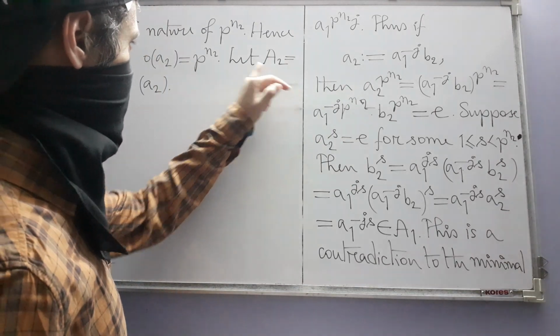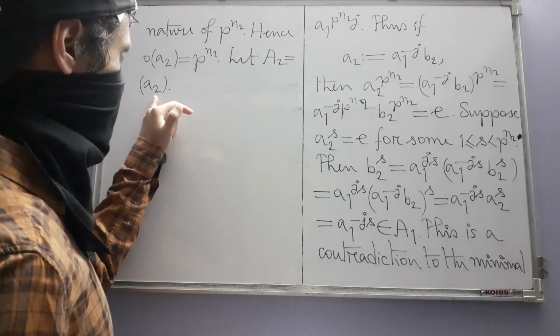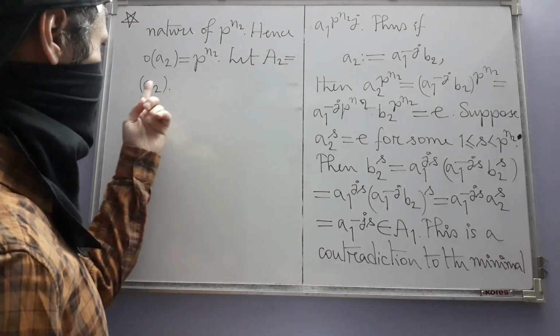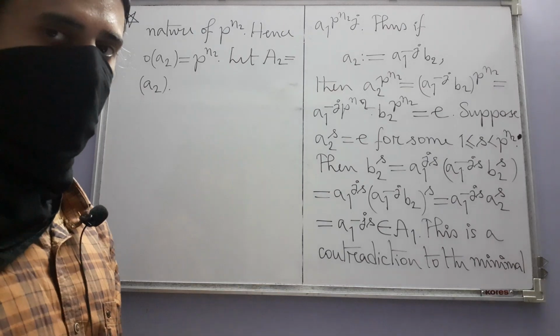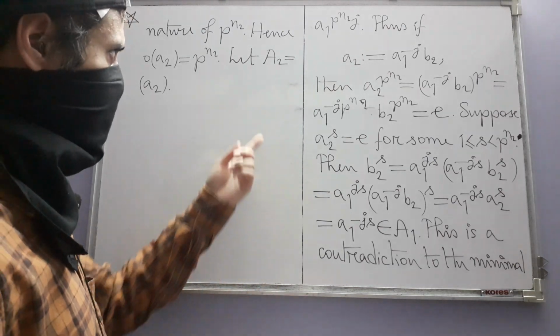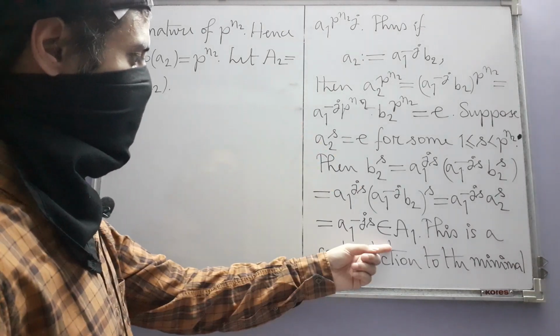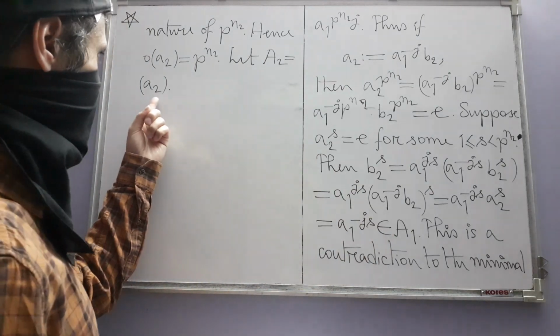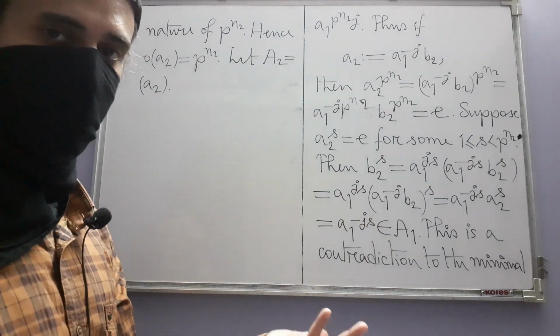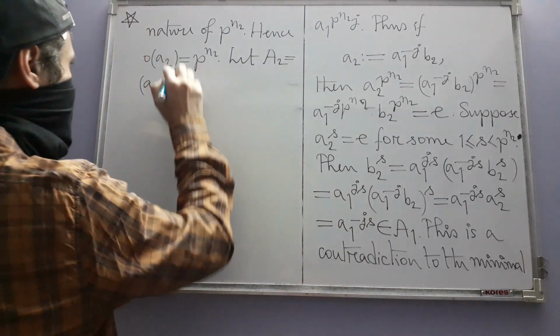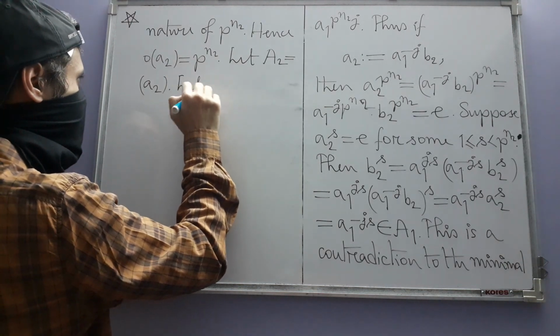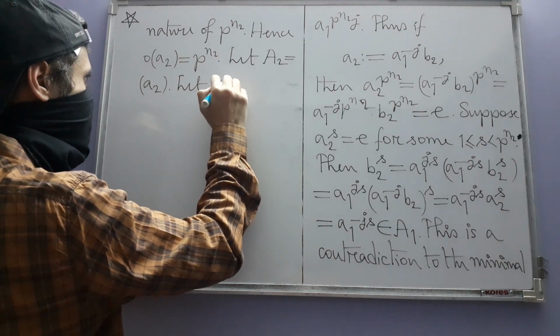Because A2 is being generated by a2, any element of capital A2 will be some integral power of small a2. So if there is an element common to A2 and A1, that element will look like an integral power of small a2. So that's why we take this.